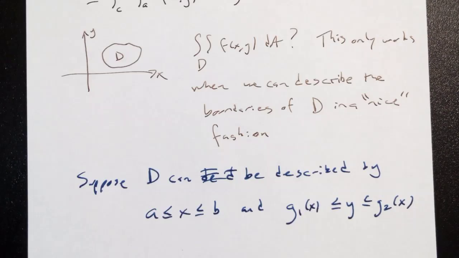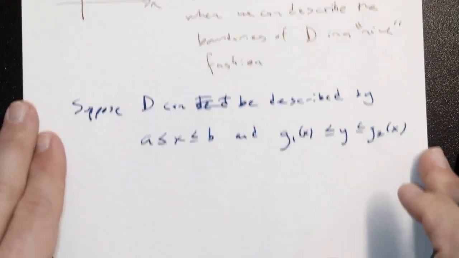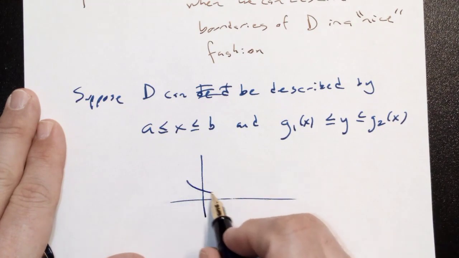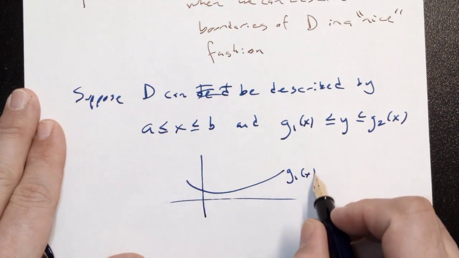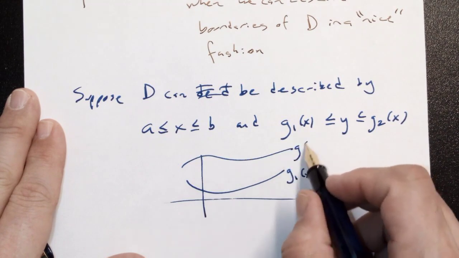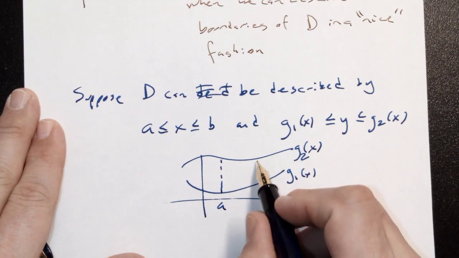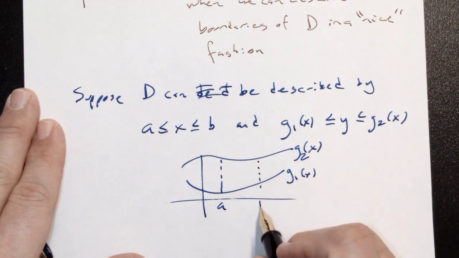A region that looks like this has some function of x across the top, some function of x across the bottom, and goes from left to right by numbers. So this region would look like this.